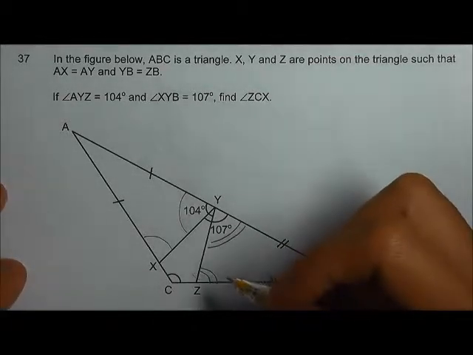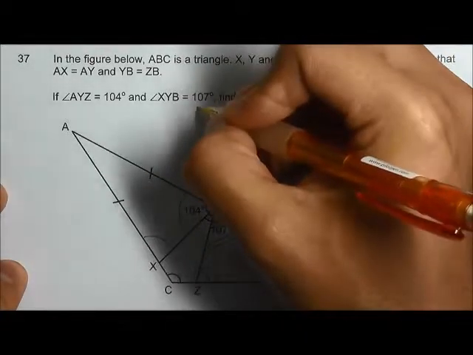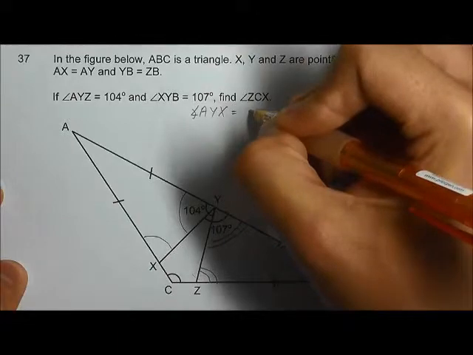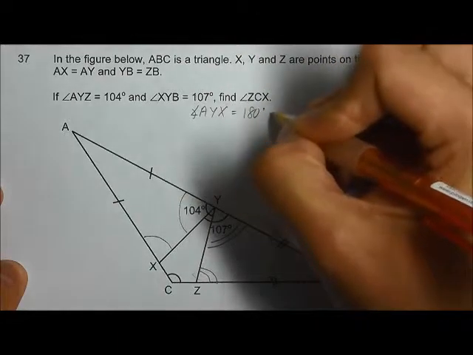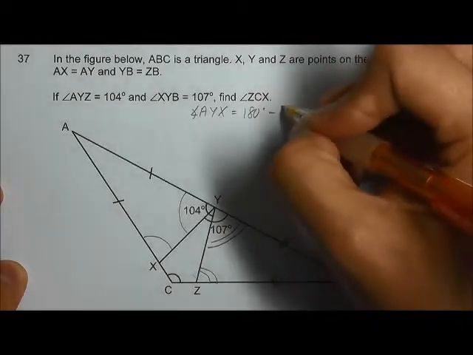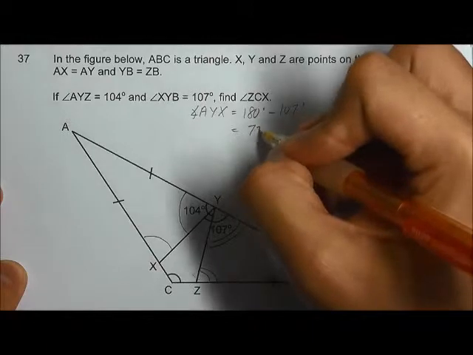Okay, first of all, we can find out what AYX is. Angle AYX is equal to 180 degrees minus 107. We will have 73 degrees.